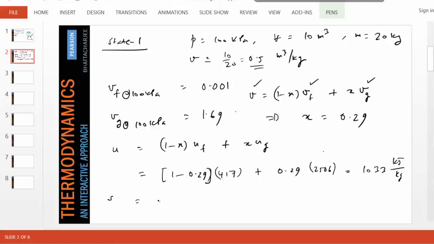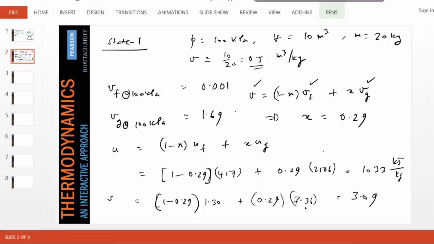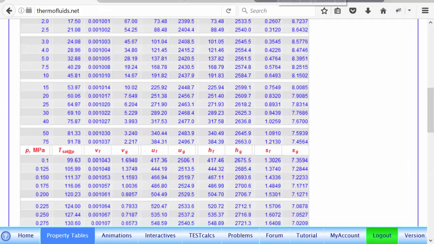Similarly, entropy is 1 minus 0.29 times sf, which is 1.30, plus 0.29 times sg, which is 7.36. So we get an entropy of state 1 to be 3.09. You can go and check, the 1.3 and 7.36 come from the table at a pressure of 100 kPa. That's pretty straightforward.